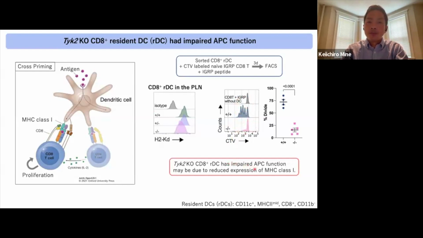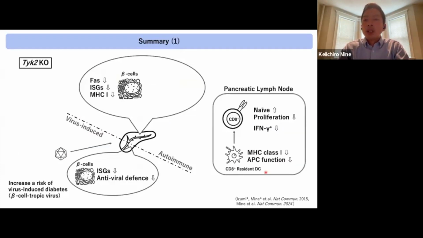To summarize the first part, in the TYK2 knockout mice, inflammation in beta cells is reduced, and in the pancreatic lymph node, CD8 positive resident DC has impaired cross-priming capacity, and the number of naive CD8 T cells is increased.